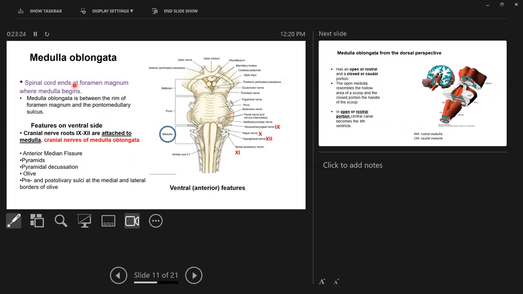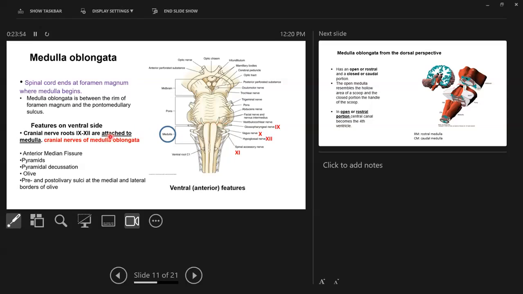In fact, the spinal cord ends there. The medulla will begin there, and it will go all the way to the ventrally very nicely observable pontomedullary sulcus. So this is once again a ventral view, and we are observing the boundary between the medulla and the pons as the pontomedullary sulcus.